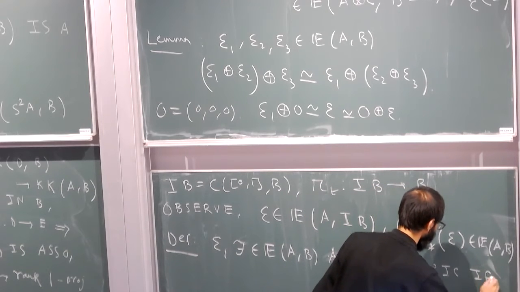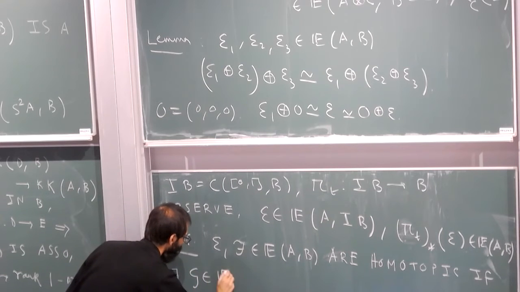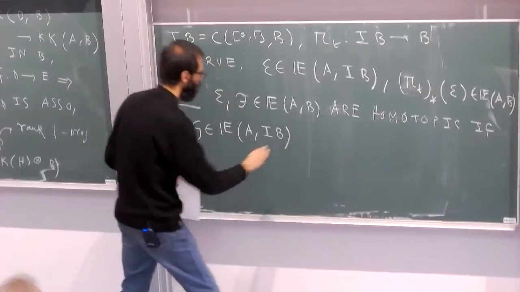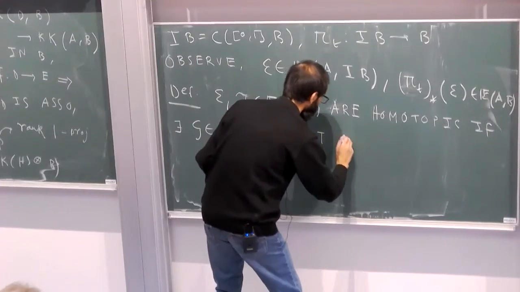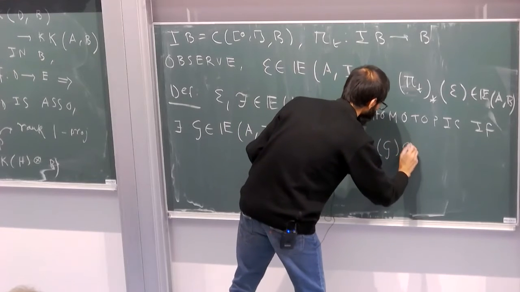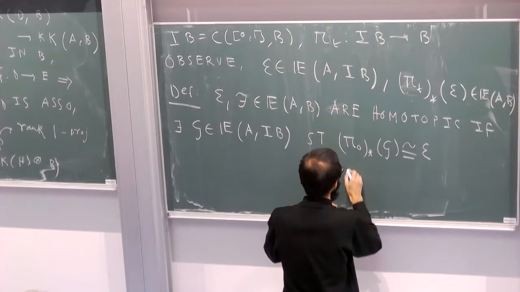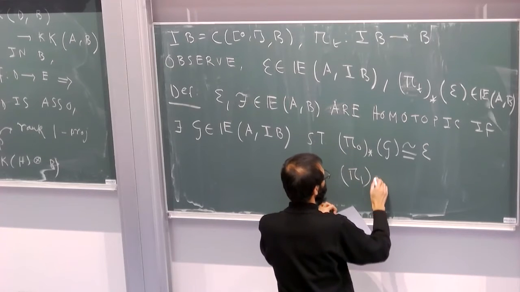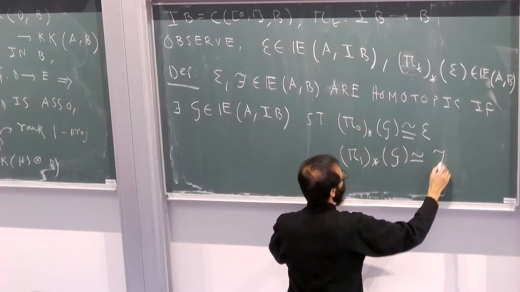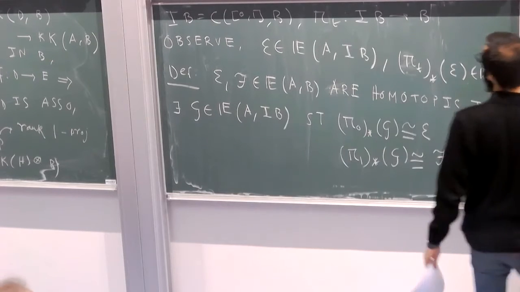E and F are homotopic if there exists G such that pi 0 star of G is isomorphic to E, and pi 1 star of G is isomorphic to F.